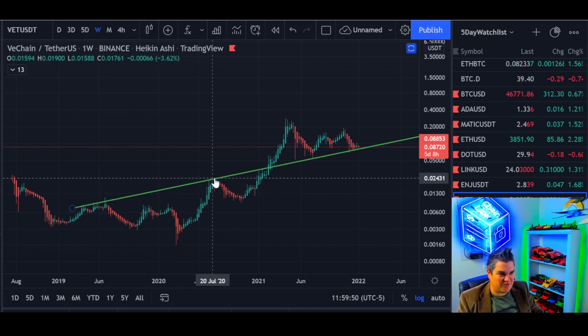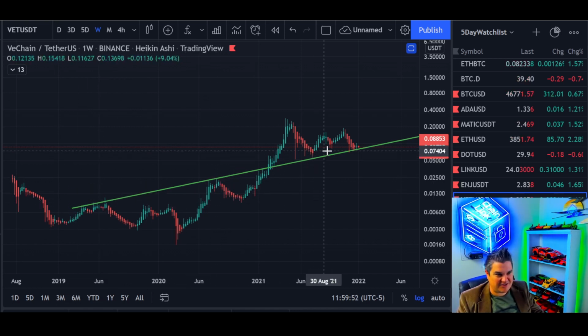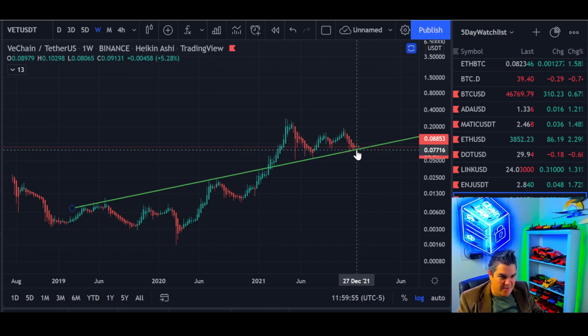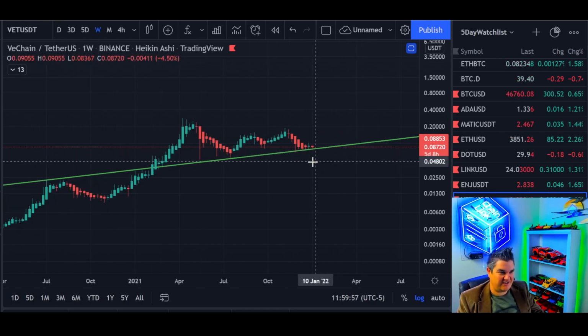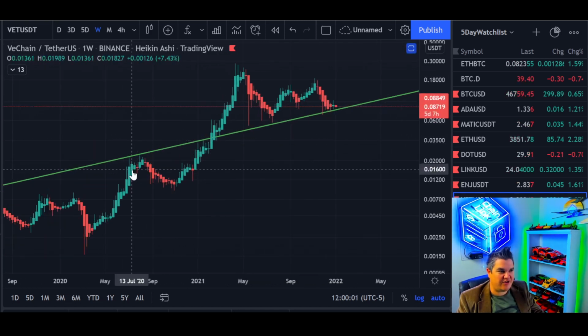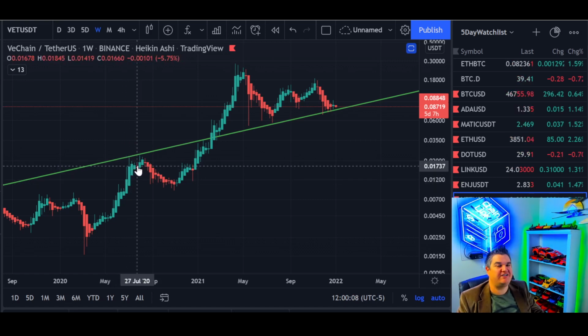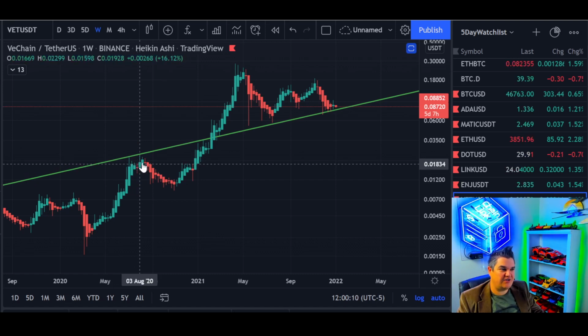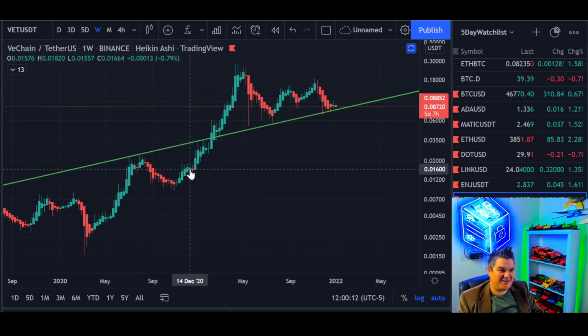Notice again where these flip right at the resistance levels, and look at what just happened last week. These are weekly candles. Normally they stay pretty much one color during a trend, unless you flash a color that could be your warning sign of the trend reversal. Look at this one, trend reversal.